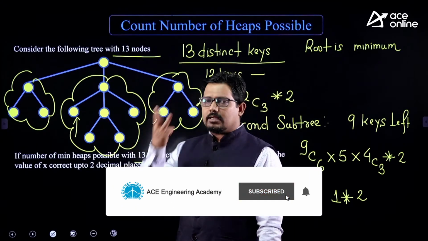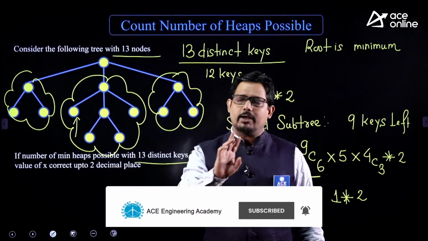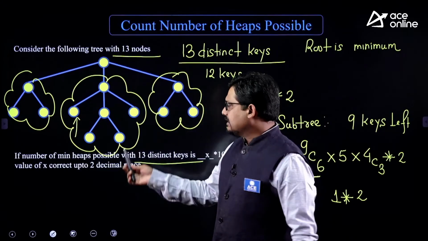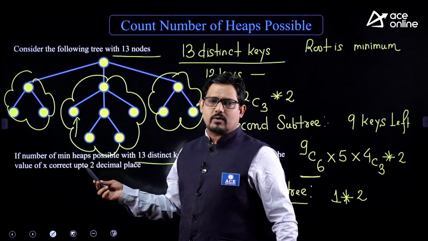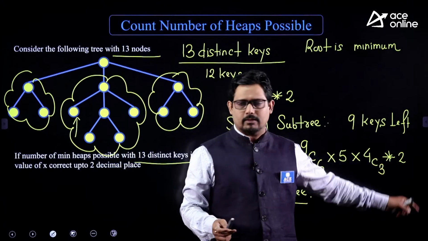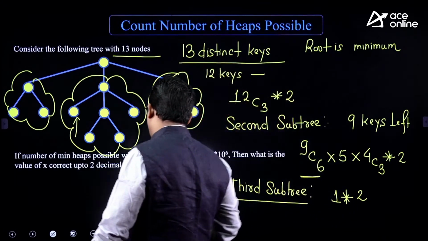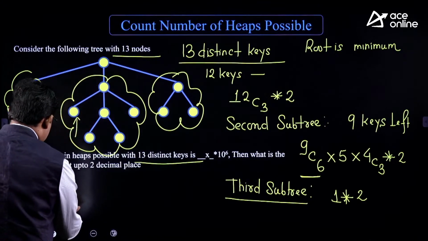How many nodes are there? 3. 4C3, you can change the order. 4C3 ways, but this can be arranged in 2 ways. Then how many left? 1. Selection is also 1, 1C1, which is equal to 1, I have not written it. The last one is 3C3 multiplied by 2. So the total number of keys here will become this.